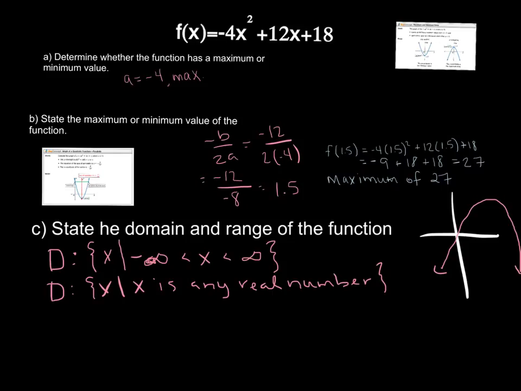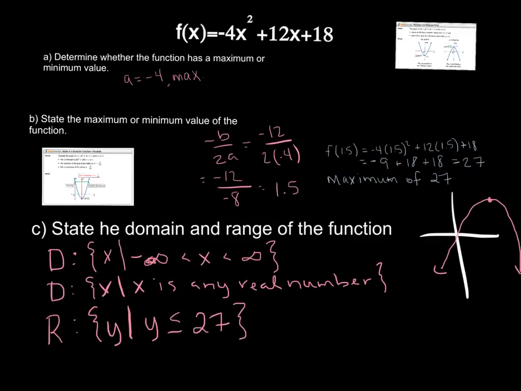Then if we're looking at our range, we have a maximum of this, right? Our maximum is right at the top, the vertex of our parabola. So we can't go any higher than 27, correct? So we know that our range, capital R, is all y values such that y is less than or equal to 27.